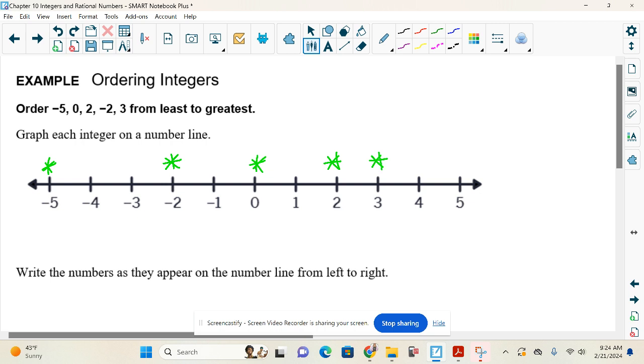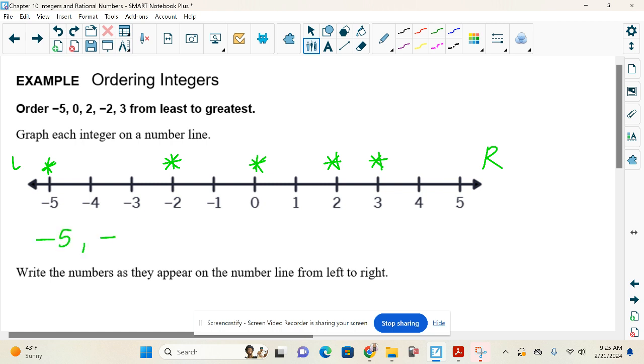The beauty about using a number line is the numbers are already in order. So you just have to start over here on the left and work your way to the right because left is less. So what's the first number all the way to the left that we have plotted? Not just 5. -5.